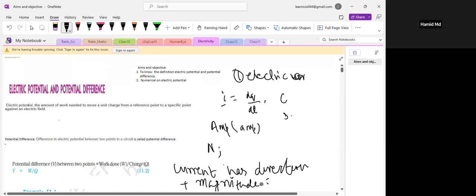Scalar. Yes, it is a scalar quantity. Despite having direction, it is a scalar quantity.